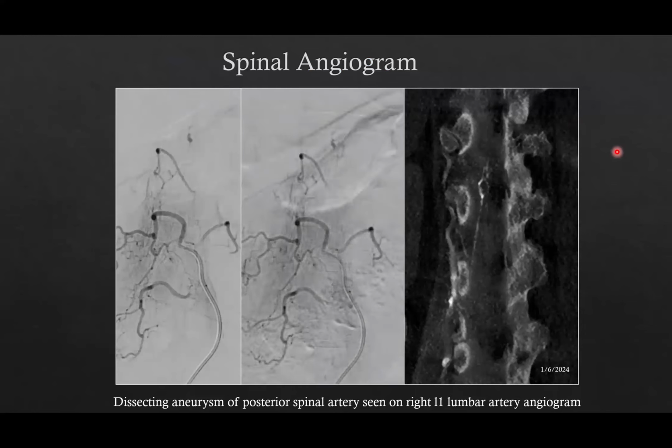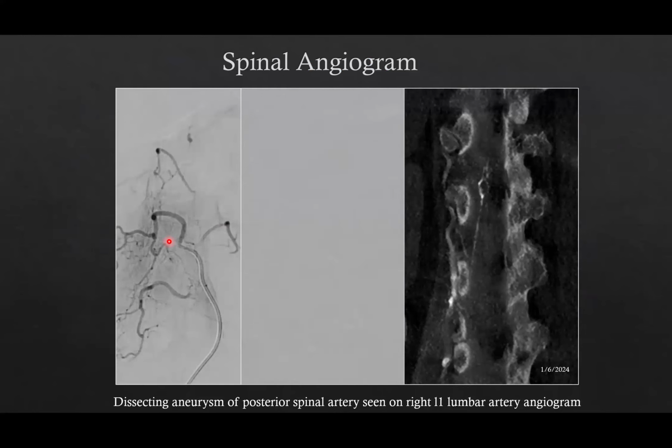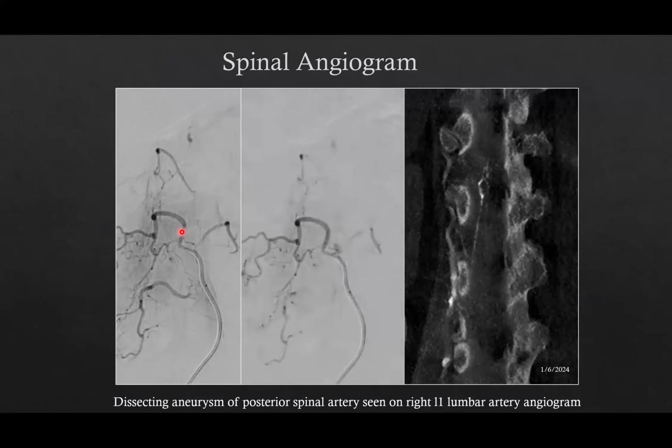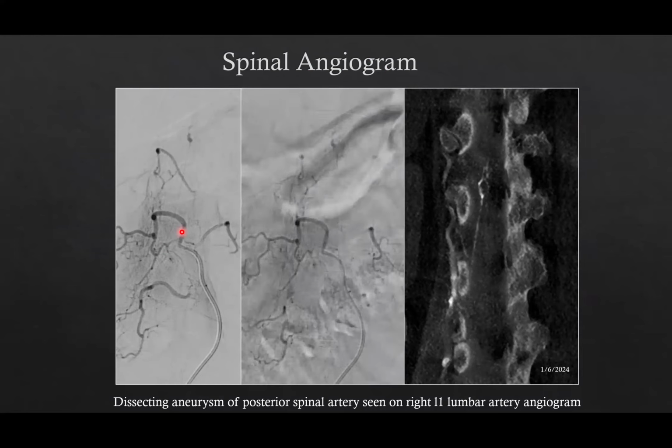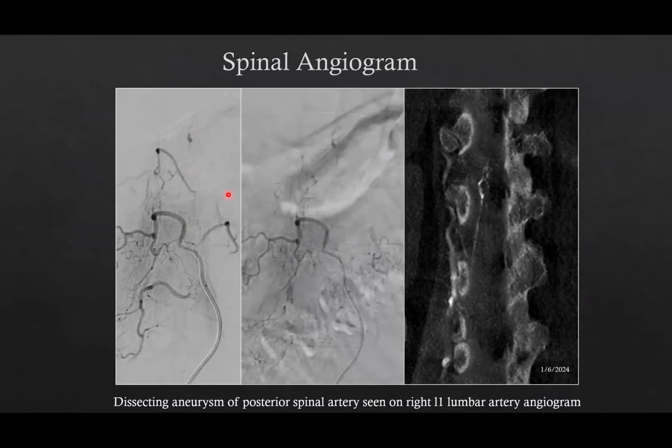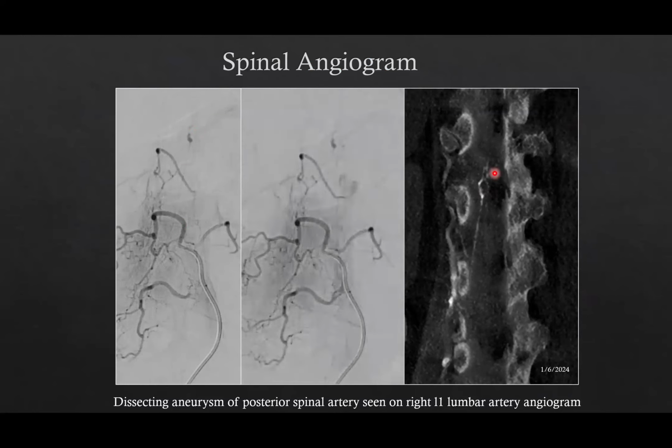Now, this is an angiogram. What you see is a faint artery coming off on lumbar artery injection. This is an L1 lumbar artery injection, and then there's an ectatic segment. So this is a 3D image. This is actually a dissecting aneurysm of the posterior spinal artery or the radiculopial branch.